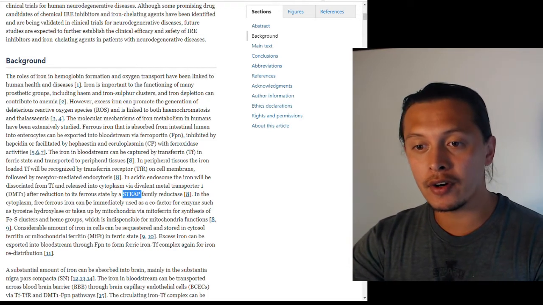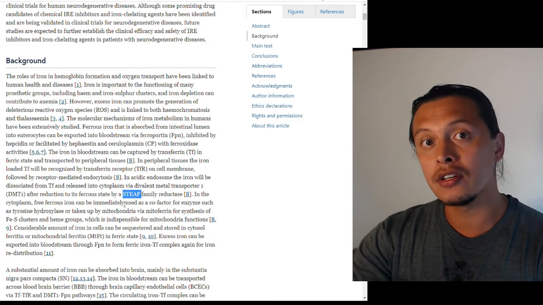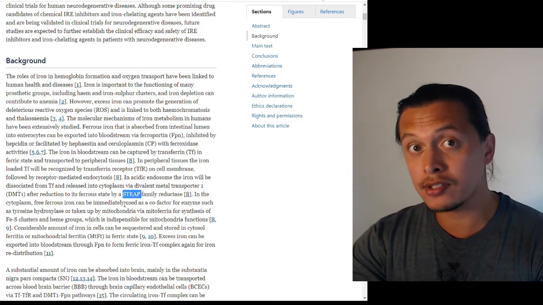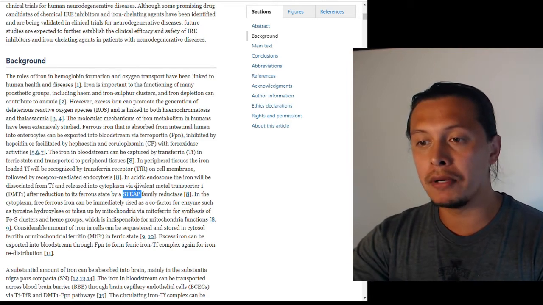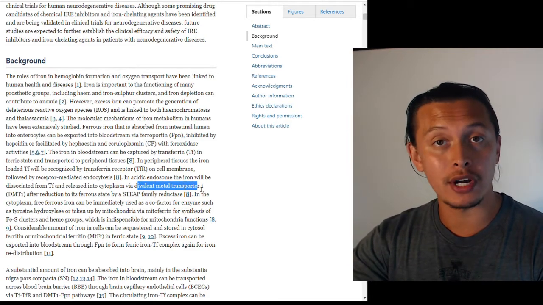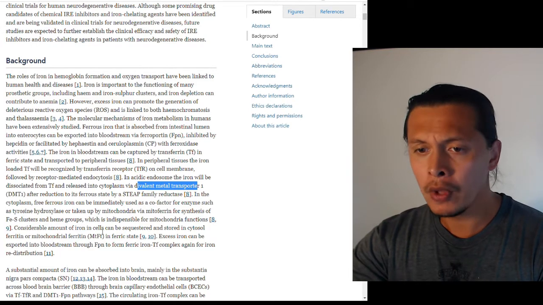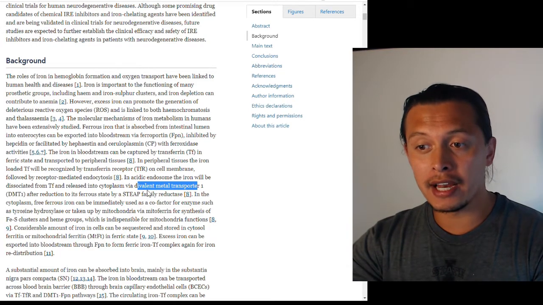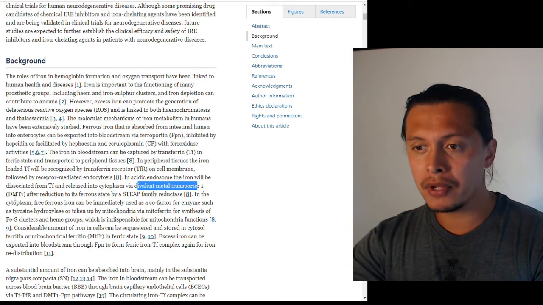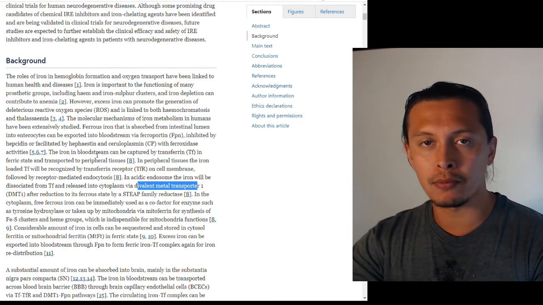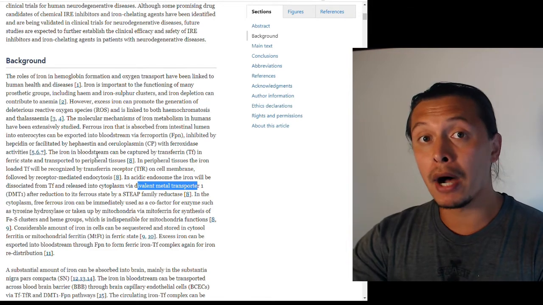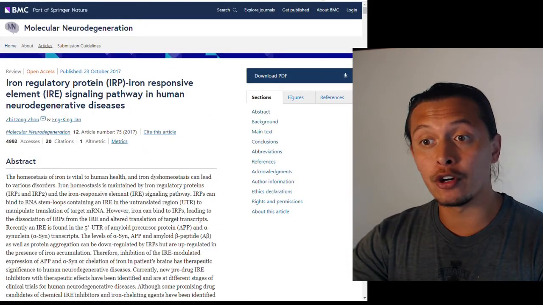And since a ferrous ion is divalent, it's in the 2+ state, it can then be transported by the divalent metal transporter 1. And I should also mention that I believe DMT1 and transferrin and perhaps some of these other proteins are also regulated by this iron regulatory protein.